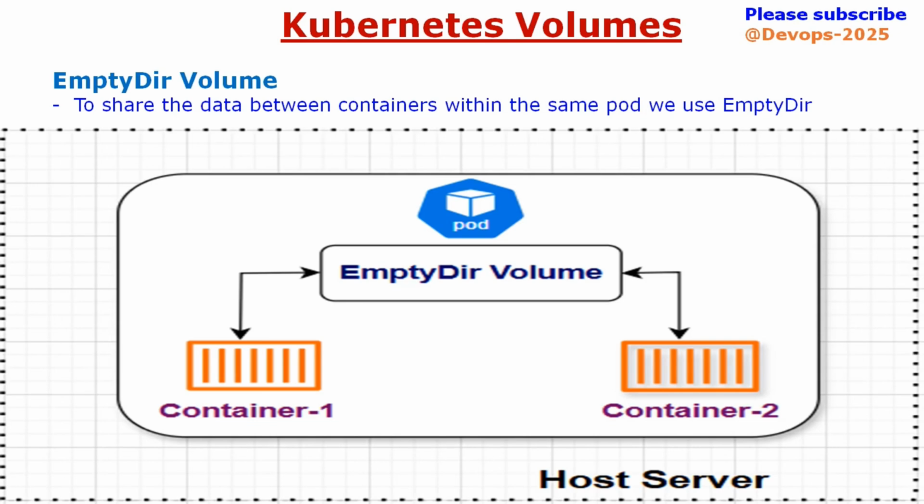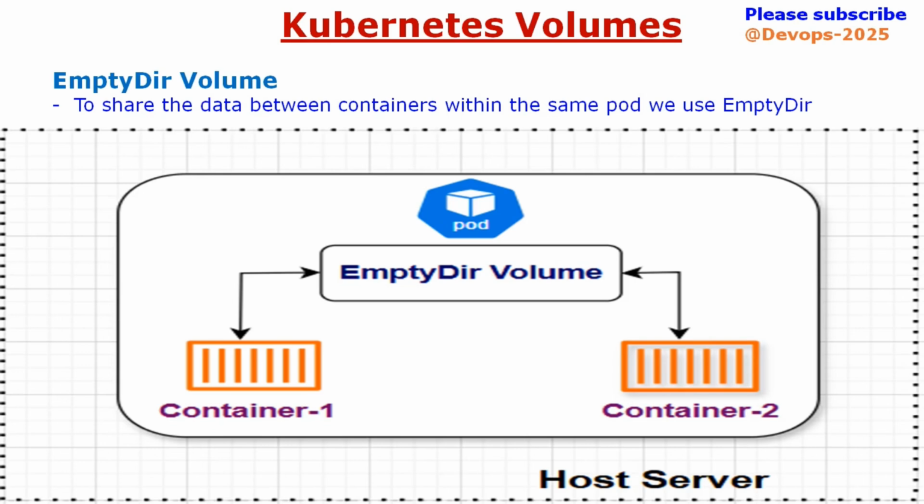For example, in our day-to-day projects, we are using applications like front end and back end. For that requirement, sometimes we create a main core container and sidecar containers. To share the data between main containers and sidecar containers, we use these volumes.